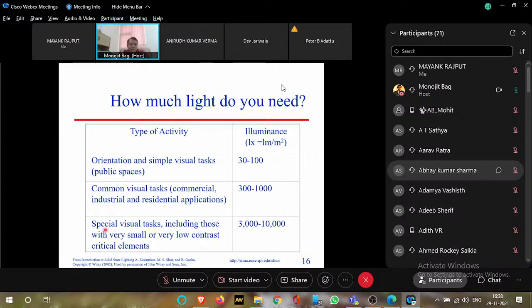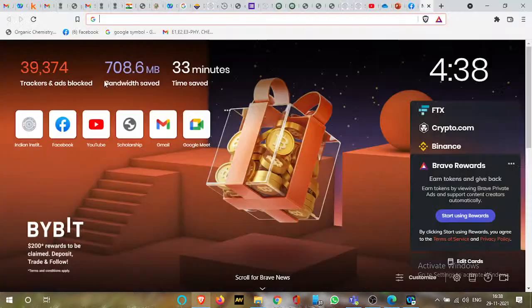For some special visual tasks, including those with very small or very low contrast critical elements, we need even brighter light, maybe 3000 to 10,000 lux. So depending on the kind of work we do, we need to choose the illuminants. And if you have more illumination than needed, sometimes it is of no use. So lighting design is very essential for efficient use of energy.